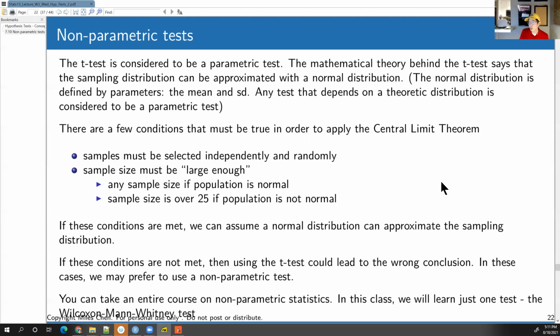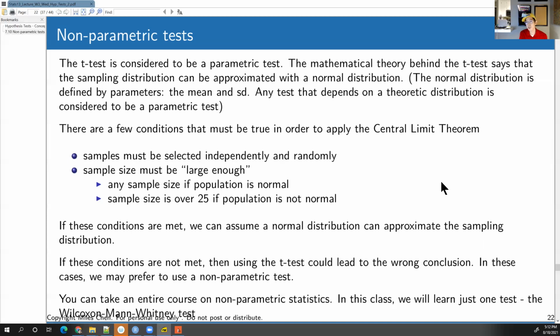It's called parametric because the normal distribution is defined by parameters: the mean of the population and the standard deviation of the population. Any theoretic distribution that's defined by parameters is a parametric distribution, and any test that relies on it will be a parametric test.